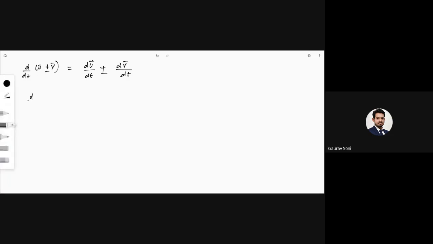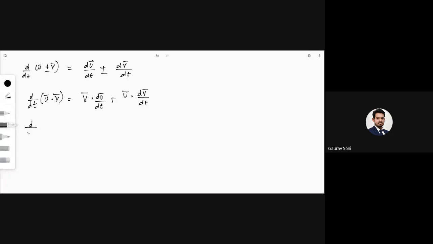So if we have d by dt of the dot product u bar dot v bar, then this is equal to v bar dot du bar by dt plus u bar dot dv bar by dt. Till this point there is not much difference, everything is the same, but the problem arises when you have the cross product.